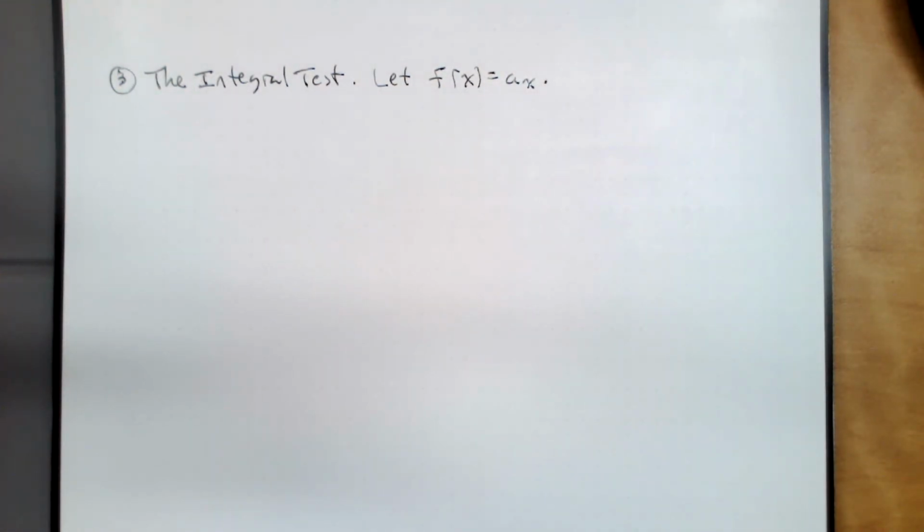So we're going to make a function out of the terms of our series. Notice I'm not saying that function is the sum. The series is the whole thing. I'm just looking at the x term.